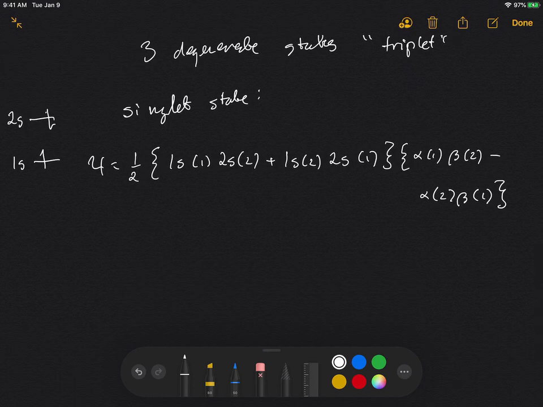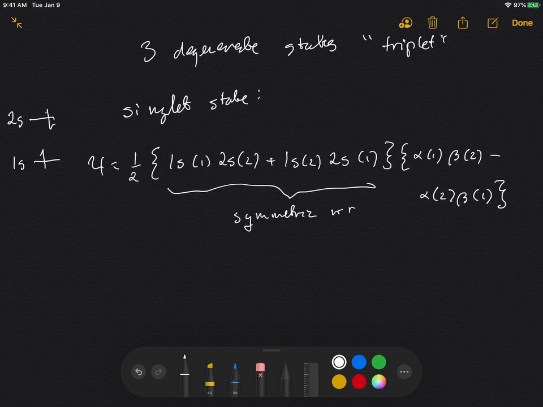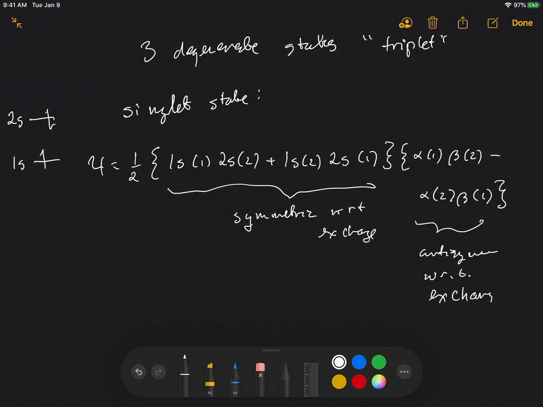So this looks rather different than the other wave functions in that the spatial part here is symmetric with respect to exchange, and the spin part is antisymmetric with respect to exchange of electron labels.